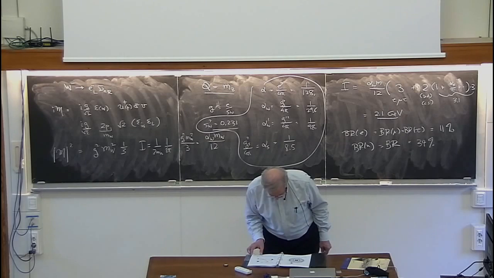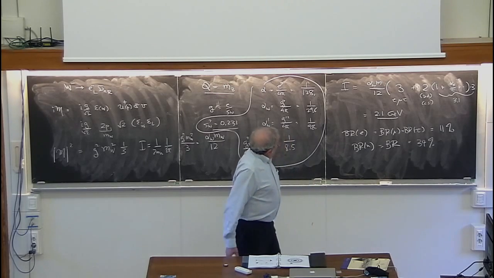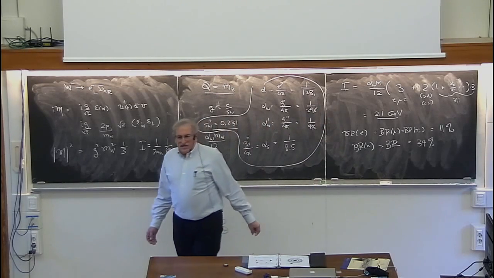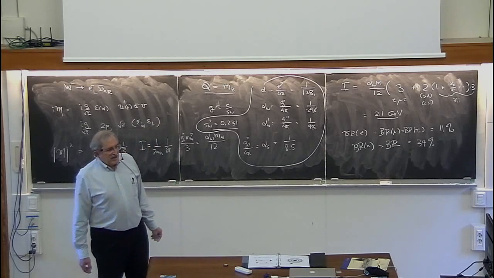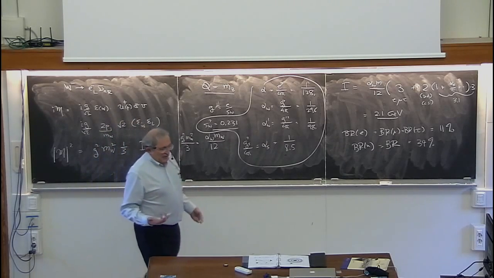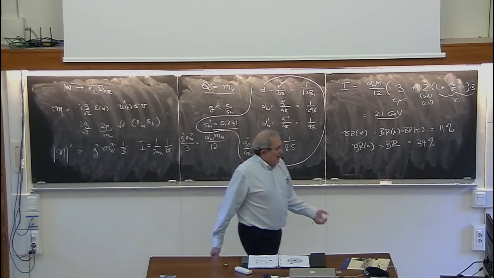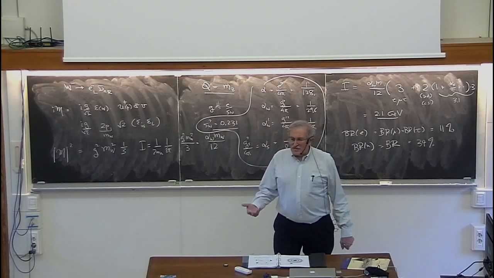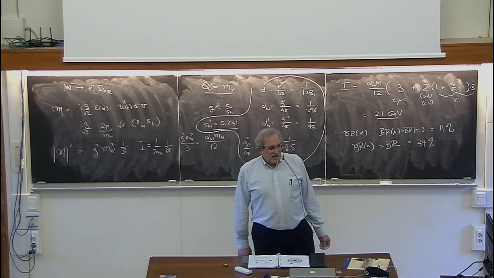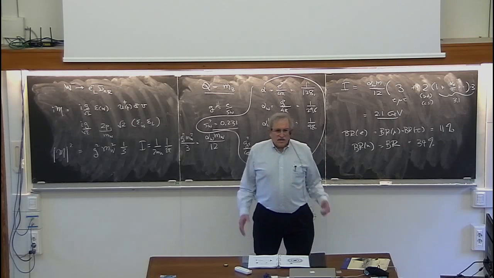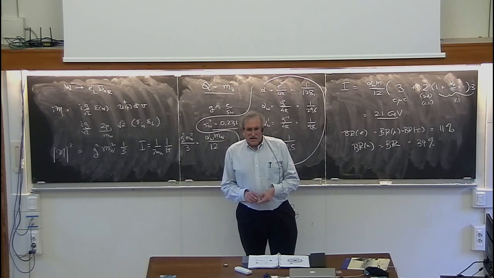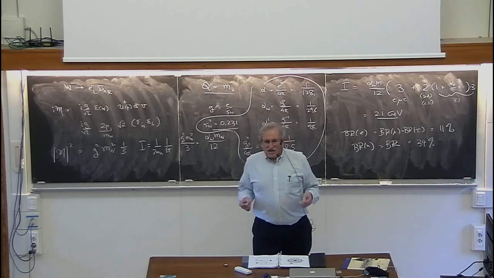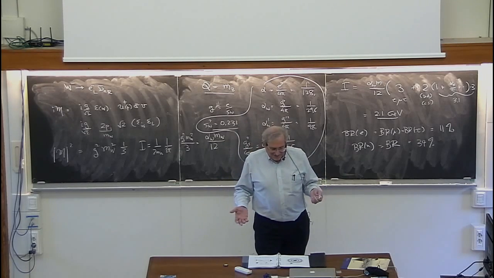Okay. Now, one of the consequences of this analysis is that the W actually does decay to a large number of different things. And I just thought I'd illustrate that by presenting some event displays from the experiments at LEP, the Large Electron-Positron Collider that operated at CERN in the 1990s in what is now called the LHC tunnel.